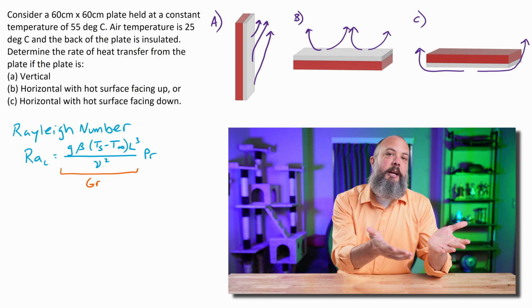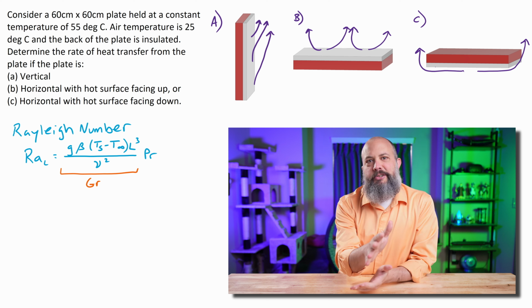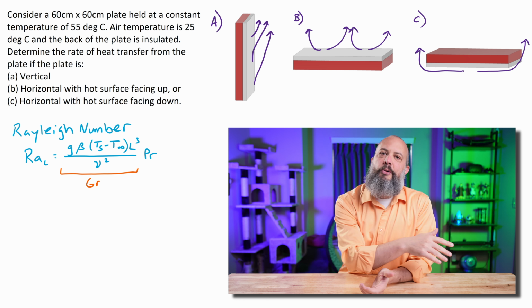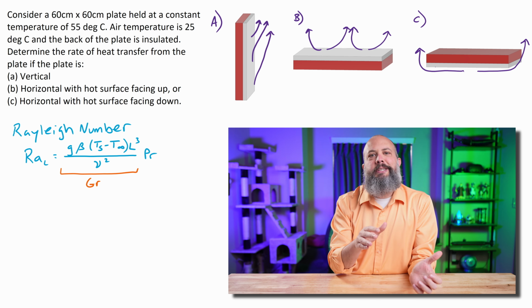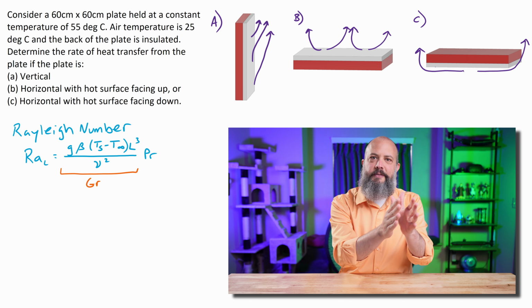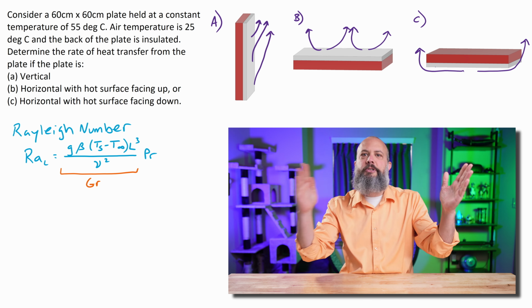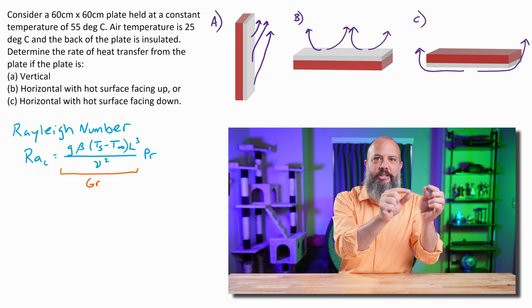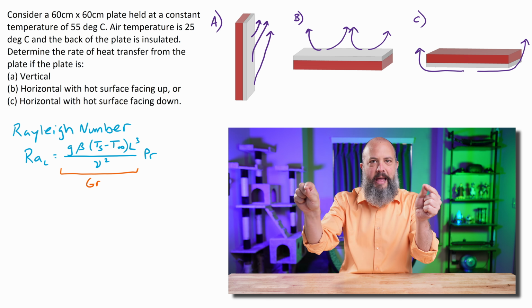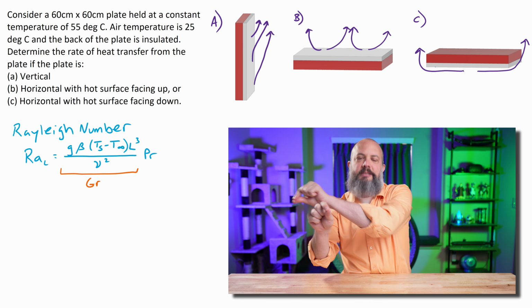And then to create the Rayleigh number, you multiply by the Prandtl number. And this Prandtl number, which you'll remember from earlier in the course, is sort of a ratio between momentum and temperature. So for air touching a surface, there's sort of two main ways that heat gets from the surface out to the bulk air. Part of it is just like conduction through the air itself, just heat going from one air molecule to the next.